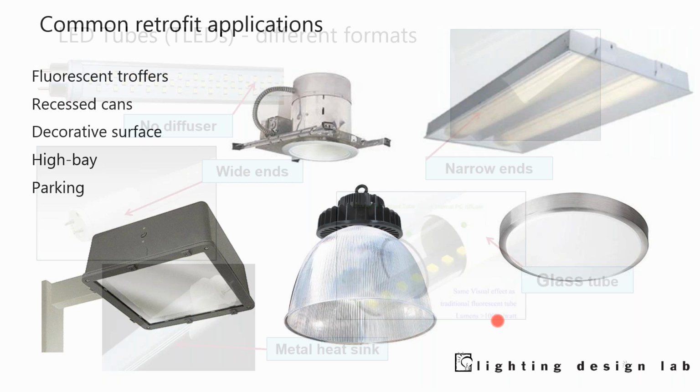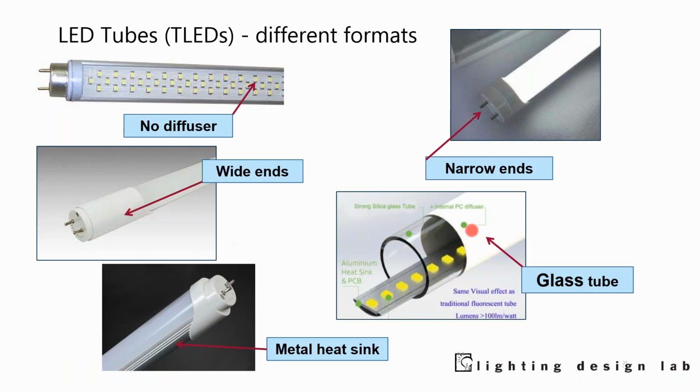and they use LEDs, and there's a variety of form factors. Sometimes we'll see them with no diffuser, so you just see the raw LEDs. Sometimes we see wide ends, or sometimes they're very narrow ends. Less so now, but we still occasionally see metal heat sinking. And then lately we've been seeing glass. Most of these tubes are plastic, but we see a lot of them with glass.